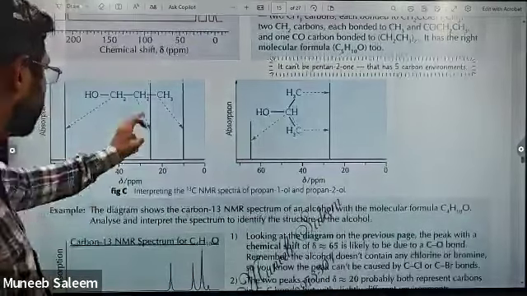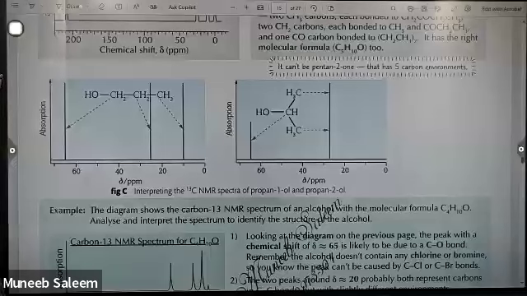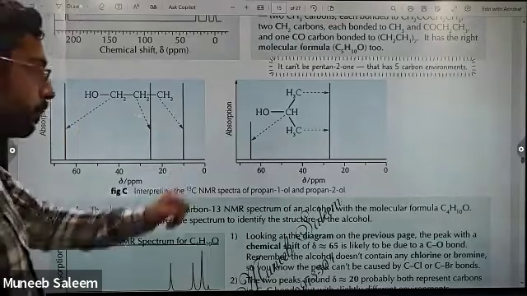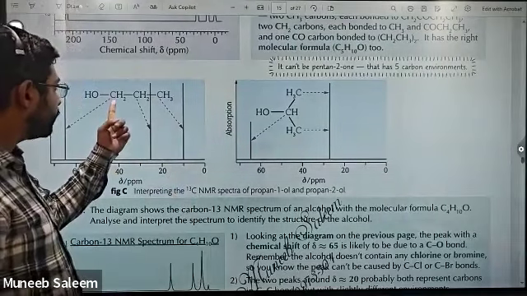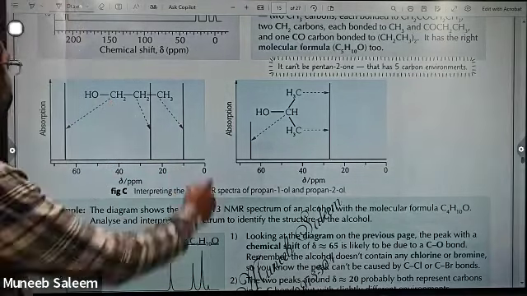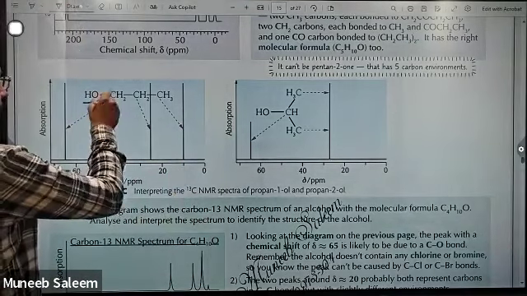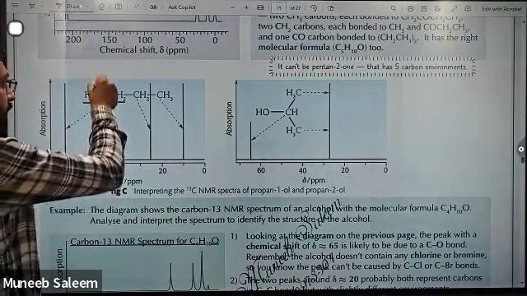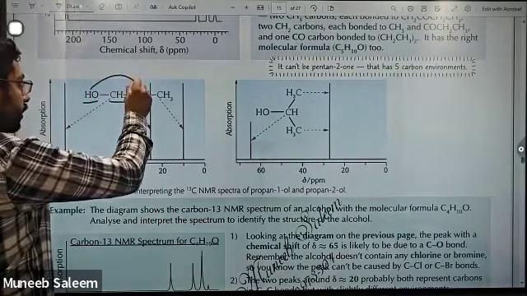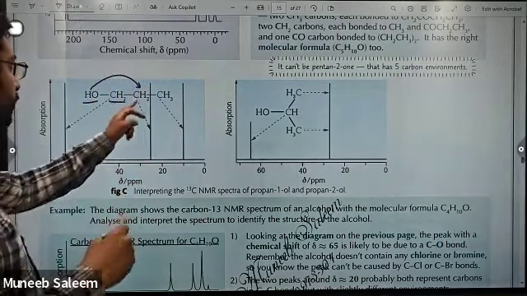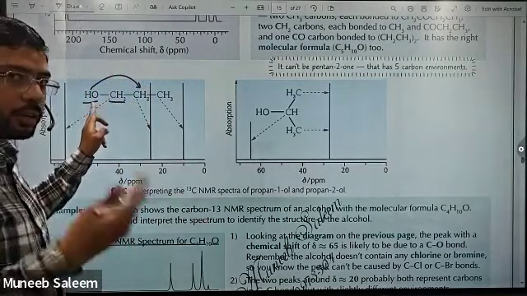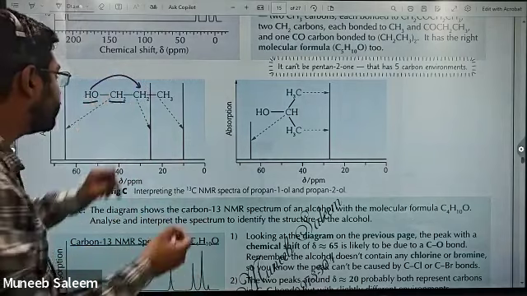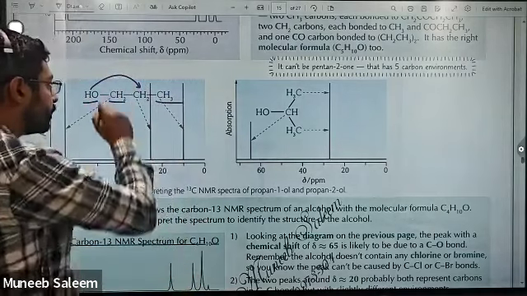Now, another example is propane-1-ol and propane-2-ol. For propane-1-ol, you can see that this hydroxyl group is bonded with the CH2. Now, it is present directly with the CH2, whereas it is present indirectly, which means CH2 is a little far from the OH and CH3 is even farther from the OH.